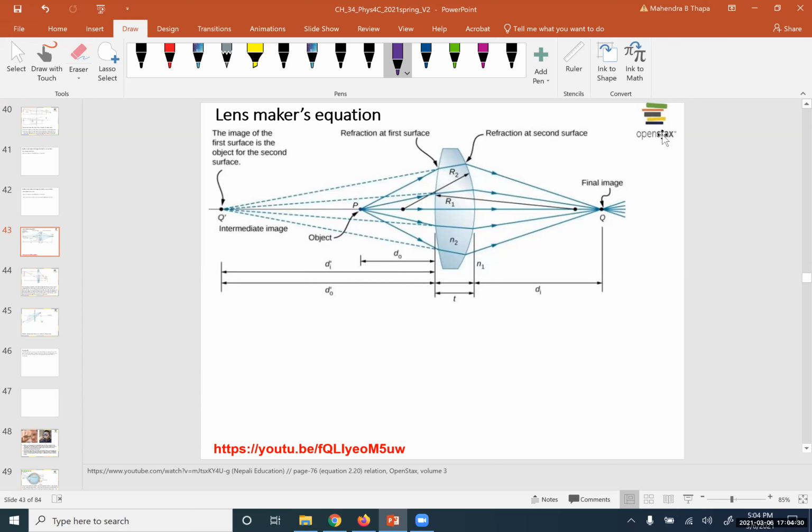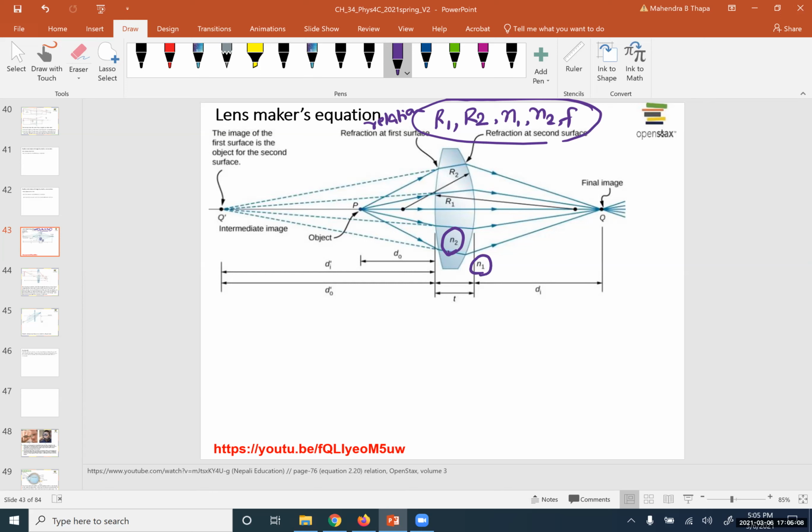So the lens maker formula basically gives the relation between the two radii of curvature, R1 and R2, the refractive indices eta 1 and eta 2, and the focal length. In this case, we have this lens, which has a refractive index eta 2, and on the other side we have air, which has a refractive index eta 1.